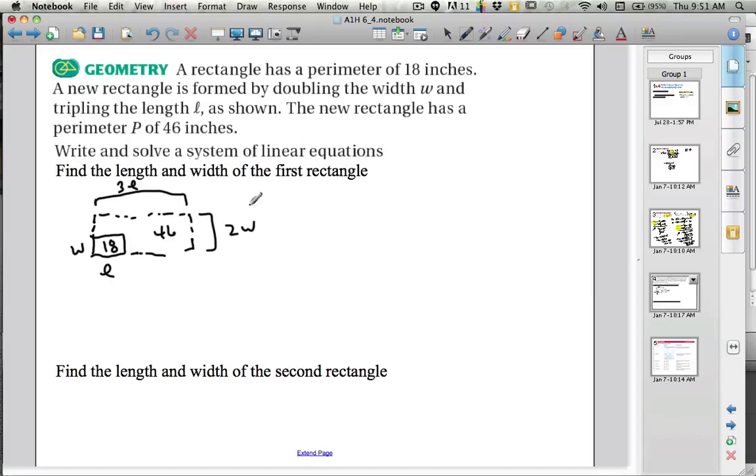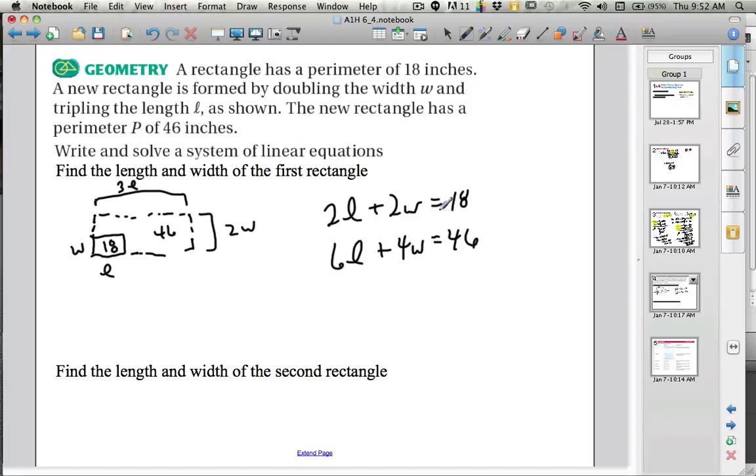So I'm going to write the perimeter of each of the two rectangles. So I know that 2L plus 2W equals 18 for the first rectangle. And then I'm going to have two of these and these are 3L, so that's going to be 6L, and 2 of these, which is going to be 4W, and it's going to equal 46.